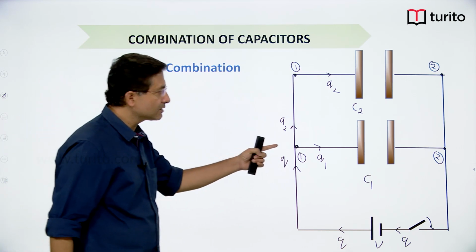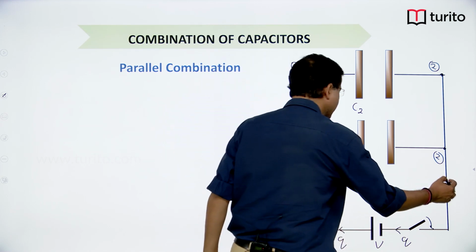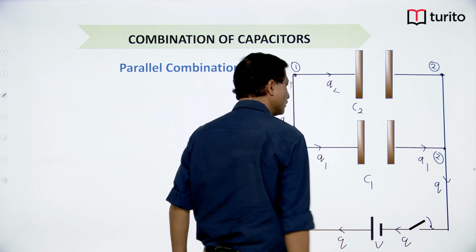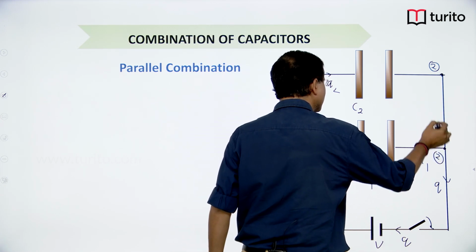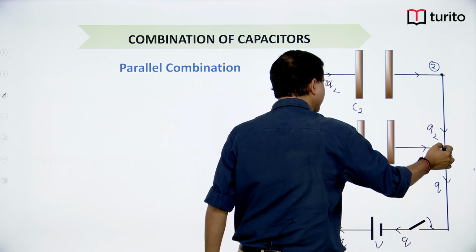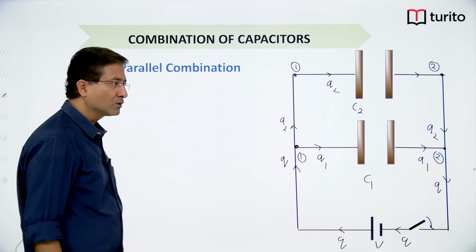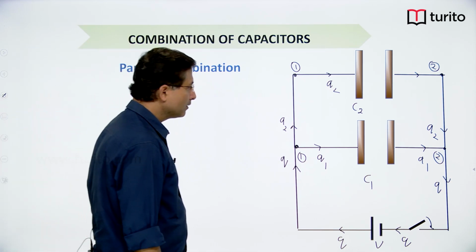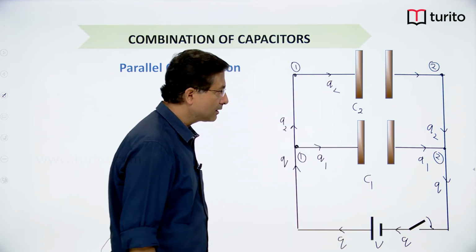So once Q1 reaches here, it receives Q1, and immediately here, to have this Q, this will deliver back Q1 and this will deliver back Q2, and they will get combined at the junction, and finally this is a complete circuit. So you have to first complete the circuit, making sure that the battery receives the amount of charge it has given, right.